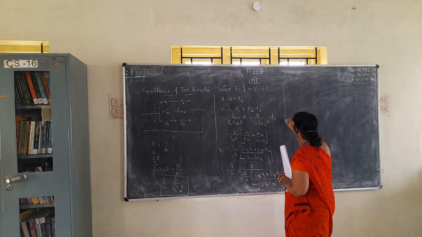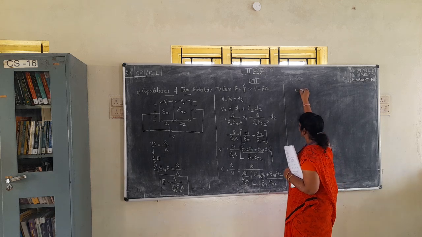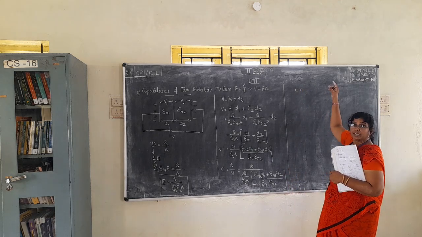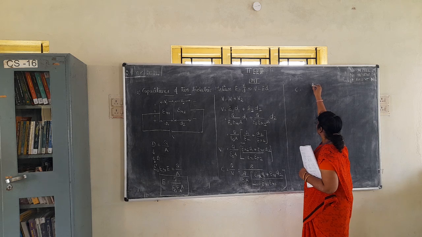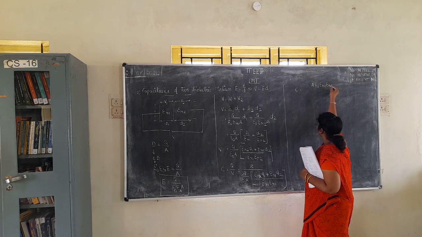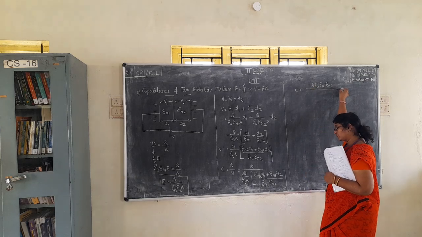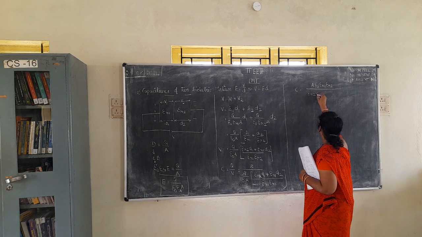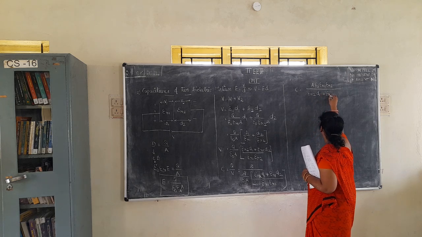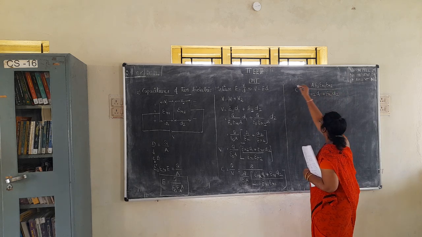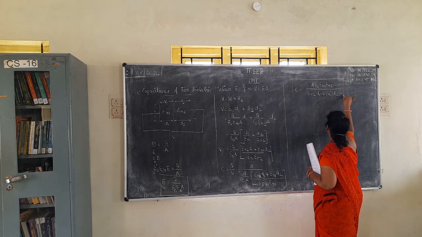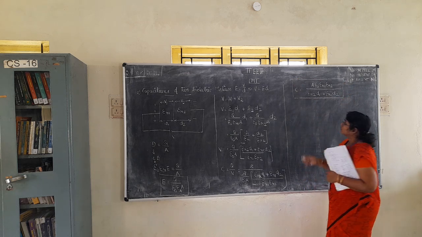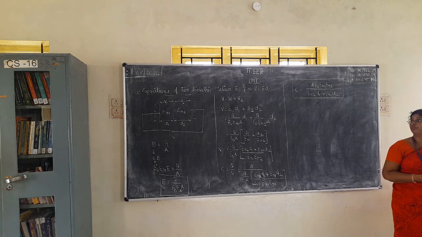Therefore capacitance C will be equal to epsilon naught A epsilon R1 epsilon R2, whole thing divided by epsilon R2 d1 plus epsilon R1 d2. This is the capacitance of two dielectric medium.